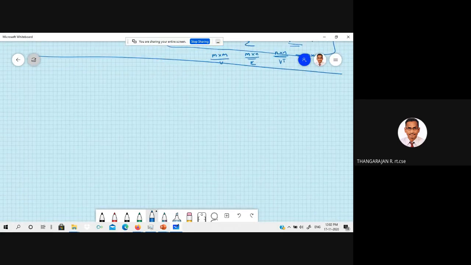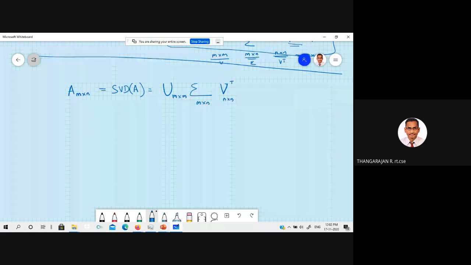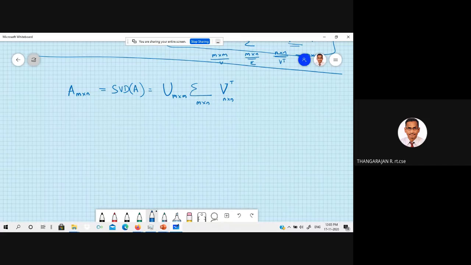A is an m cross n matrix, on which I do a singular value decomposition. This gives me three matrices: U, which is m cross m, sigma, which is m cross n, and V transpose, which is n cross n. This is our application of SVD.